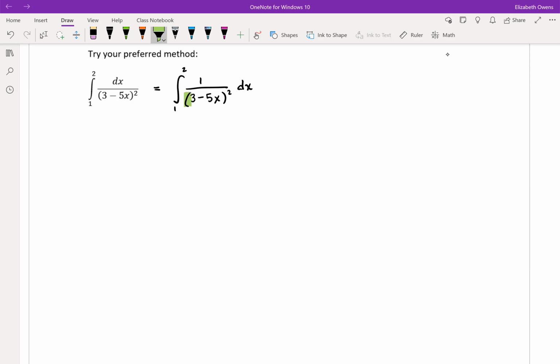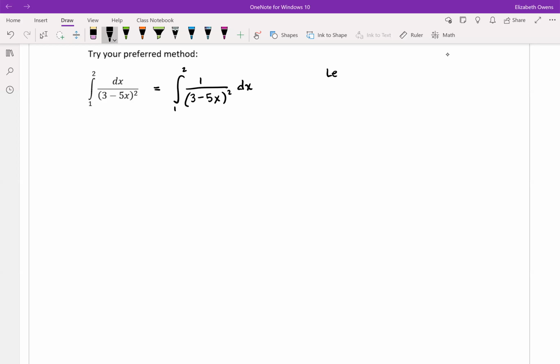I'd say that's the fact that we have some stuff in parentheses getting squared down here. So I'm going to opt to make this stuff inside the parentheses into my u. That way it'll simplify that denominator. That's often a good trick.